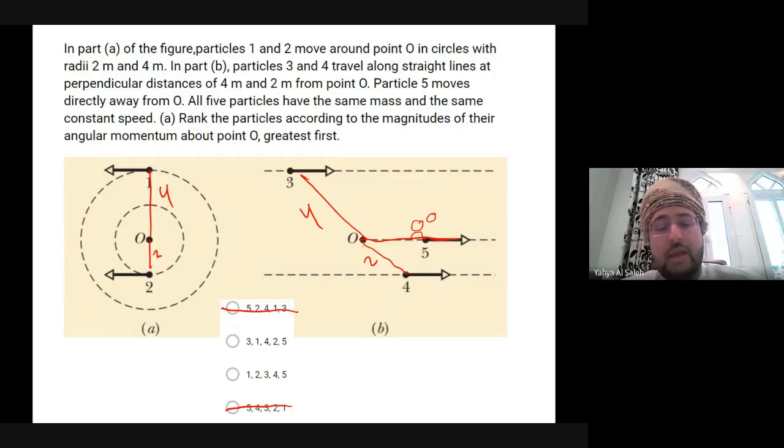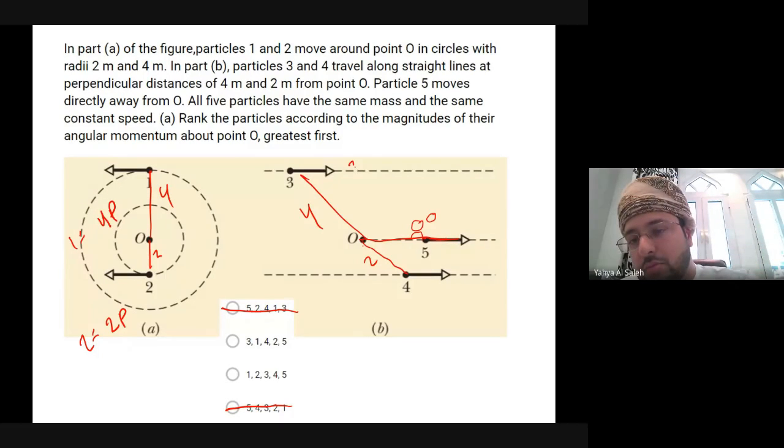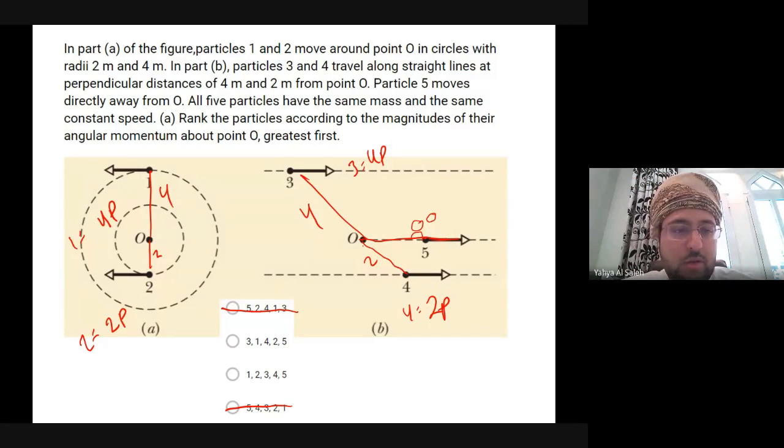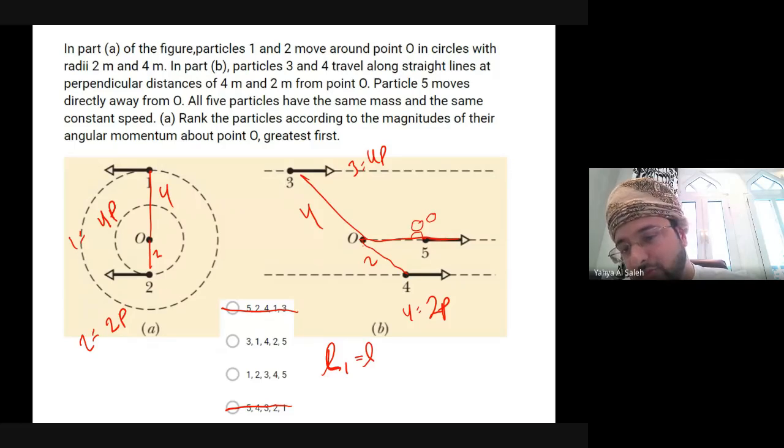Now, since they all have the same mass, mv is the same for all of them. This will have 2p, and this will have 4p. So 1 equals 4p, 2 equals 2p, 3 would again equal 4p, and 4 will again be equal to 2p, which means that L of 1 is equal to L of 3, and L of 2 is equal to L of 4.